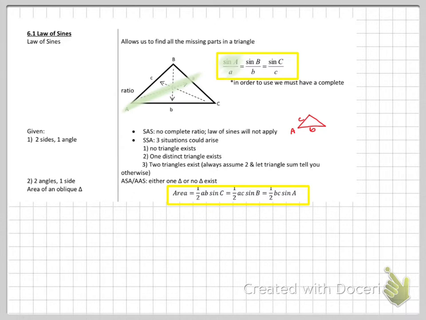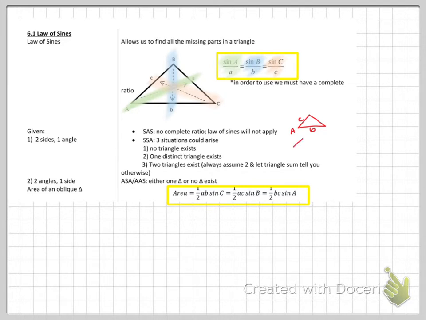Or you need to have another ratio, sine B over b, the angle and the opposite side. Or sine C and the opposite side. We'd never use all three, we just like to show you that all three work, right? Well, if I try to partner up A with its opposite side, it doesn't have one. If I try to partner up lowercase b with its opposite angle, it doesn't have one. Lowercase c, okay, you get it? It doesn't have a full ratio, so that does not work for law of sines. We'll use something else in that situation.